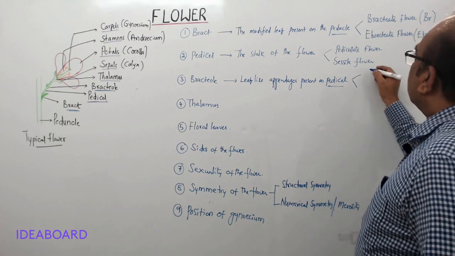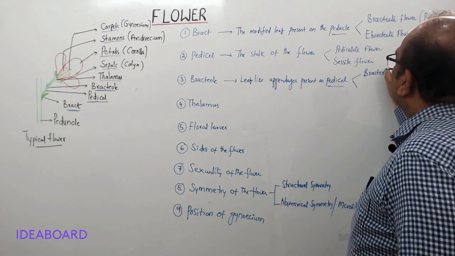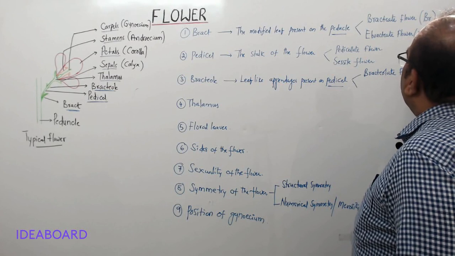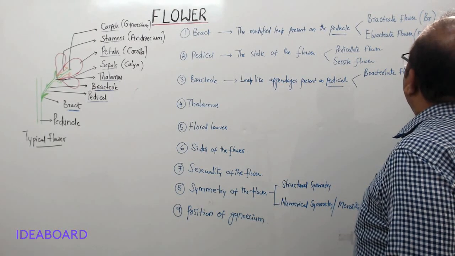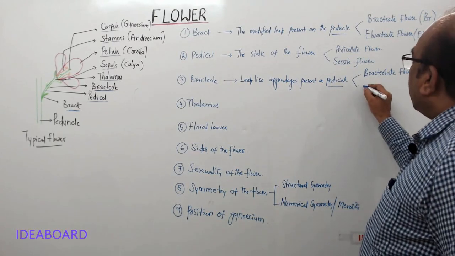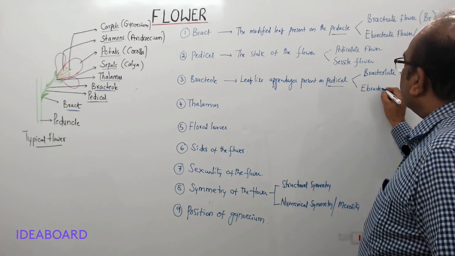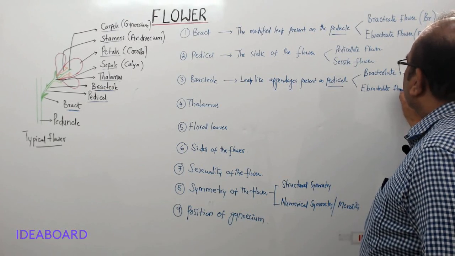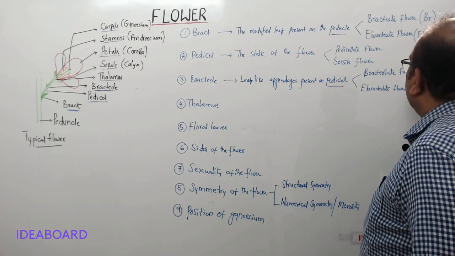So when bracteole is present, the flower is described as bracteolate flower. And the symbol which we use in the floral formula is BRL. And when the bracteole is absent, it is described as abracteolate. And the symbol is EBRL.